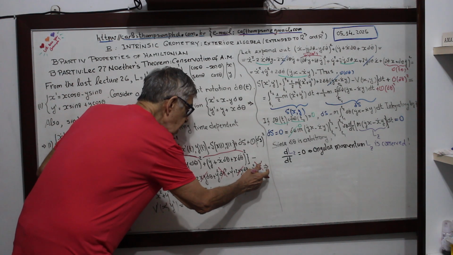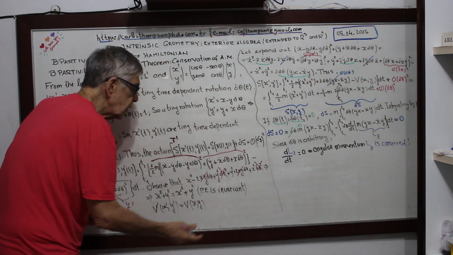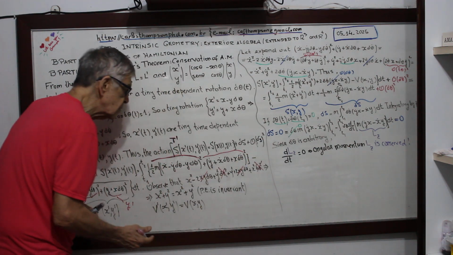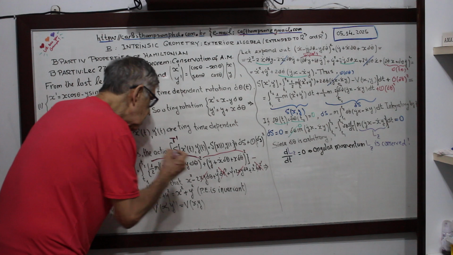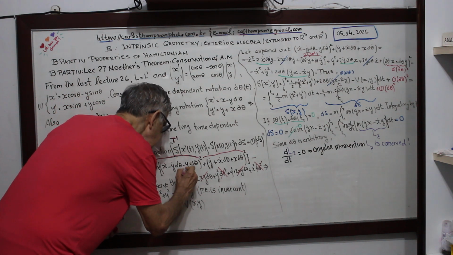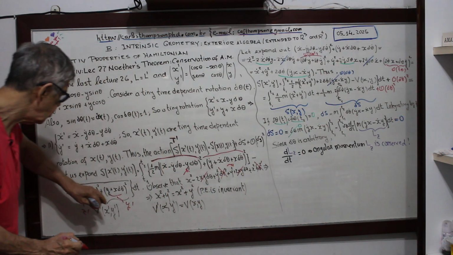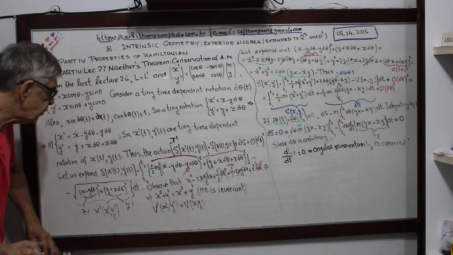This is order of delta theta squared. Okay, let's put the r delta theta squared. So this comes to this over here, and this. Quite easy, no confusion.